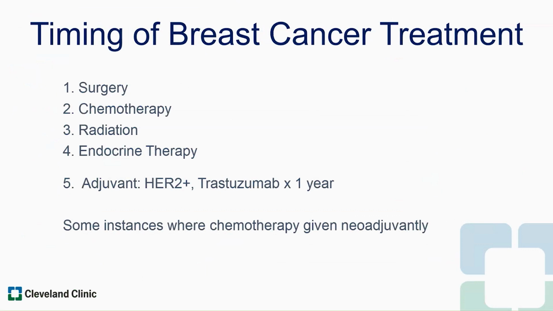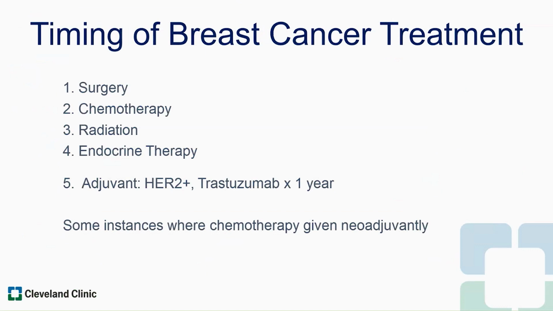So let's go over the timing of breast cancer treatment. Breast cancer treatment can include surgery, chemotherapy, radiation therapy, and endocrine therapy. Traditionally, if the cancer is small and appears to be localized to the breast, surgery would be the first mode of treatment. So surgery to remove the cancer, chemotherapy if it's recommended, followed by radiation therapy.